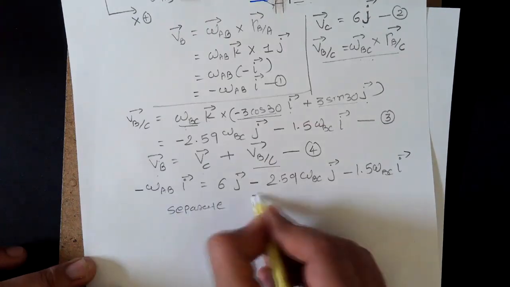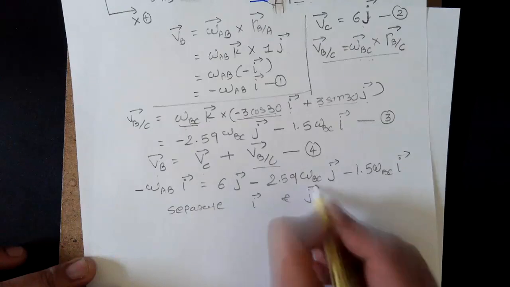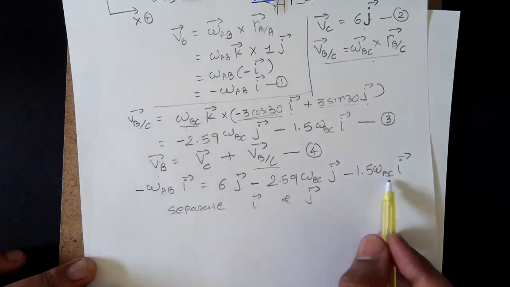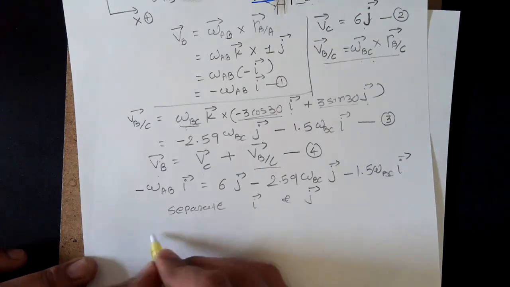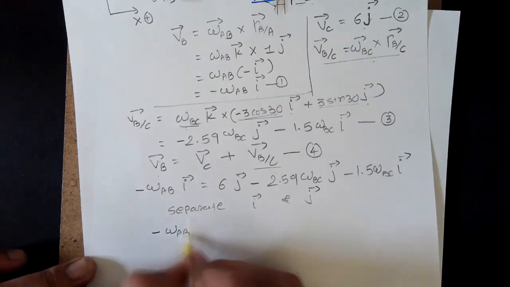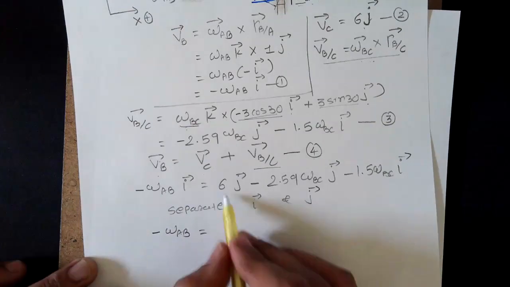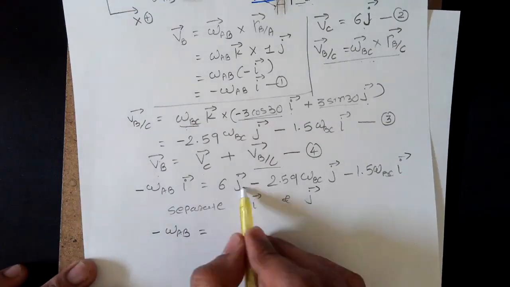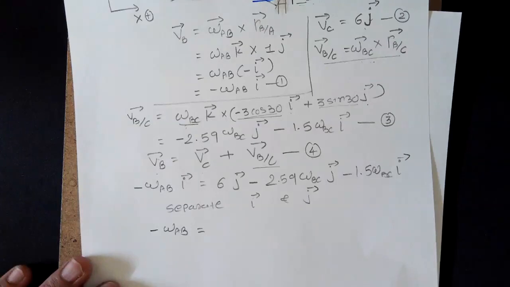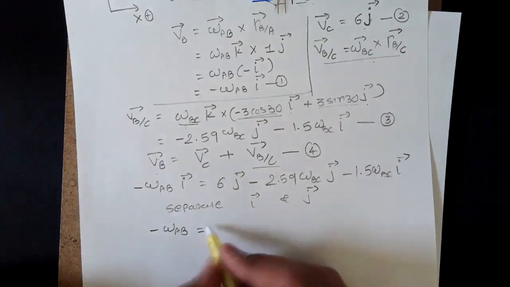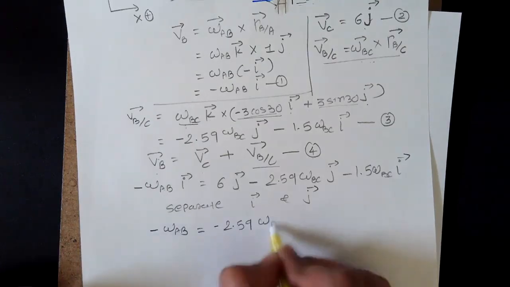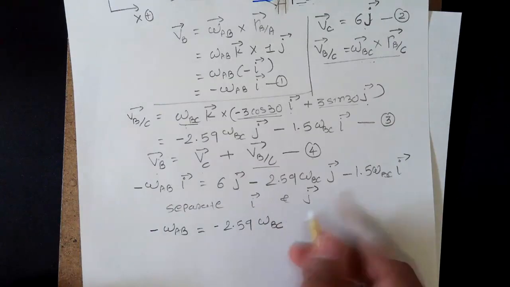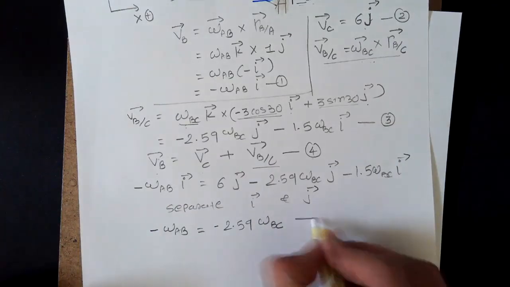We get two scalar equations, one from only i components and one from only j components. So from i only it's minus omega AB, because that's with i. We don't have to consider 6 because it's with j. So the next one is minus 1.5 omega BC, and that's our equation 5.